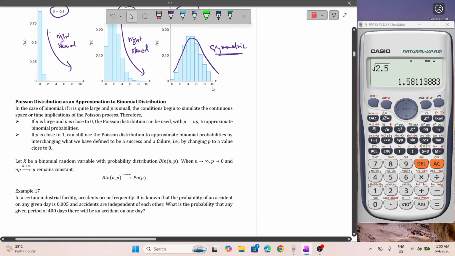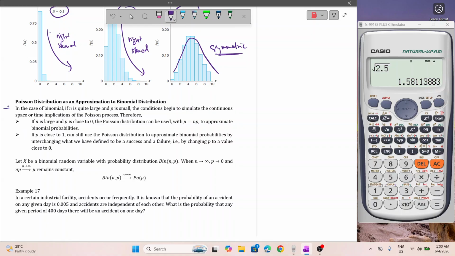In the case of binomial, if n is quite large and p is small, the condition begins to simulate the continuous space or time implication of the Poisson process. In other words, in certain conditions, which we will discuss after this.